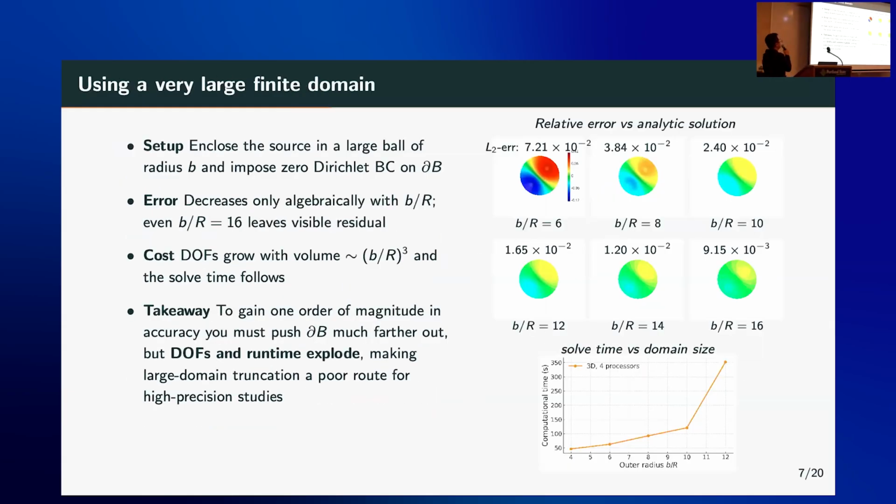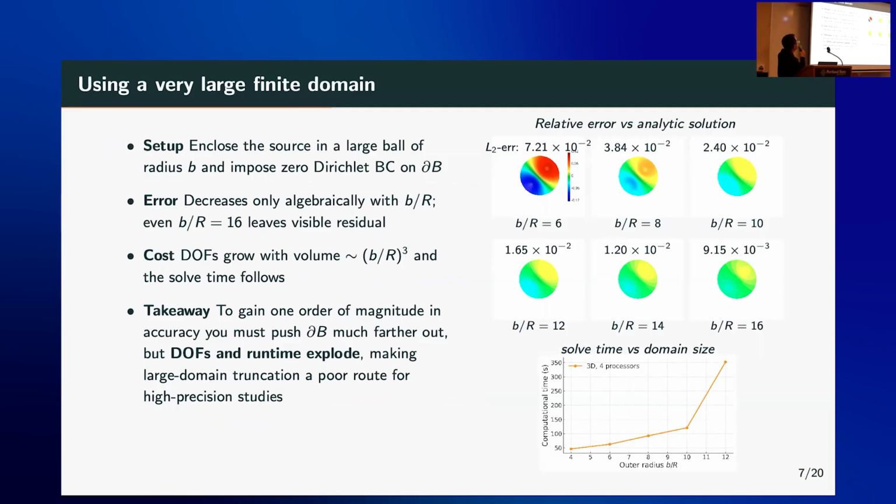So we first do some benchmarking with the naive way. We use a very large domain to represent infinity, so you can apply either a Dirichlet or a Neumann zero condition on this very far away boundary.